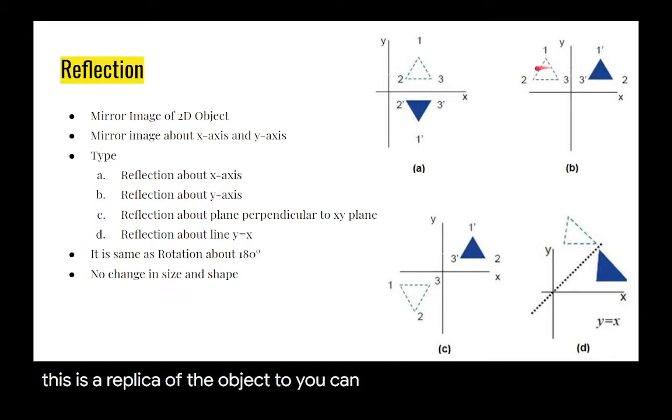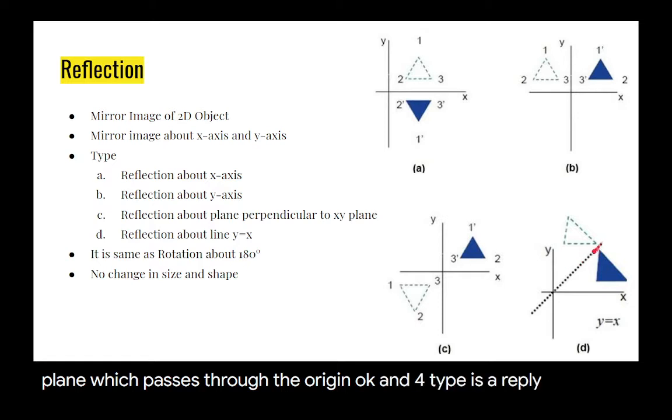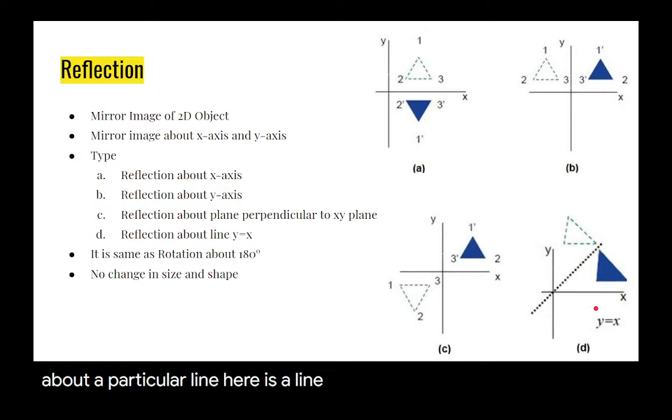You can say it either way. The third is reflection about a plane perpendicular to the xy plane which passes through the origin. And the fourth type is a reflection about a particular line, here the line y equals x. We can also call it a rotation by 180 degrees.